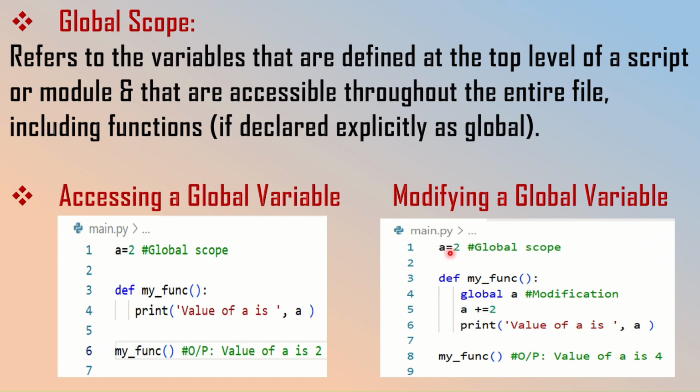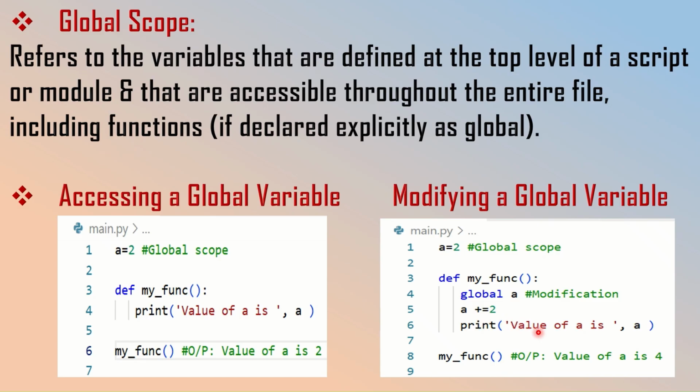Here I have declared the global variable a initially as 2, and I have defined one function. Inside that function, I want to modify the global variable's value. Before I modify it, I have declared a again with the global keyword, and then I tried to modify the value of 2 by adding 2 to the variable a.